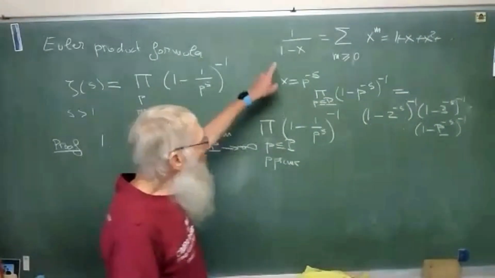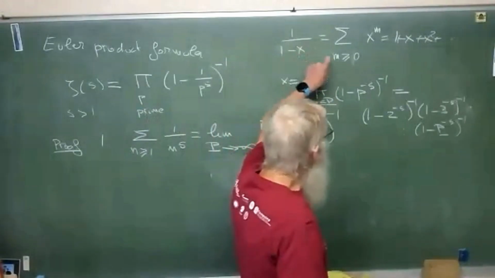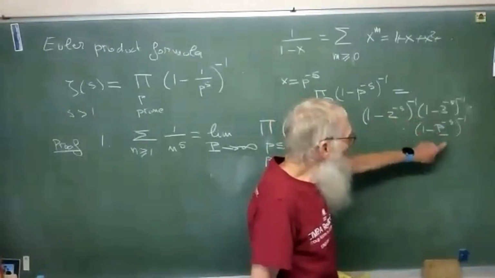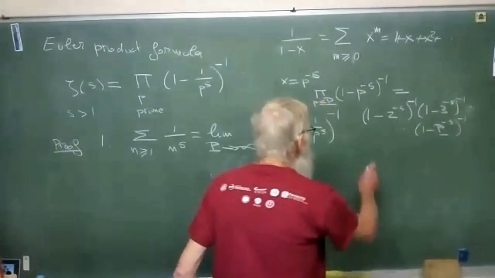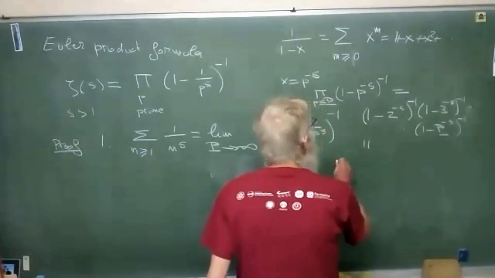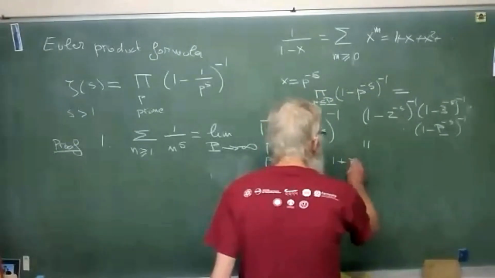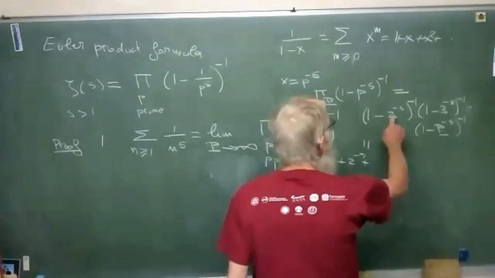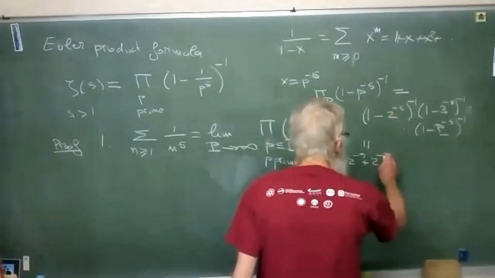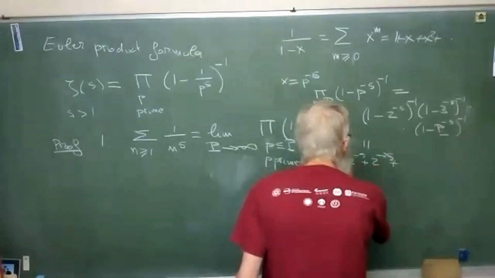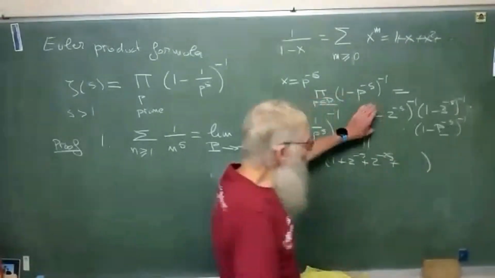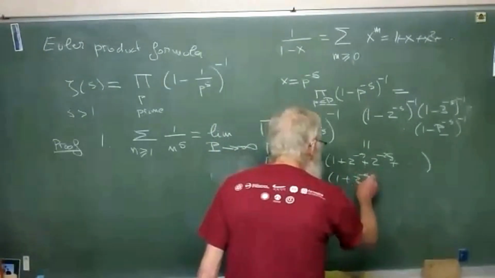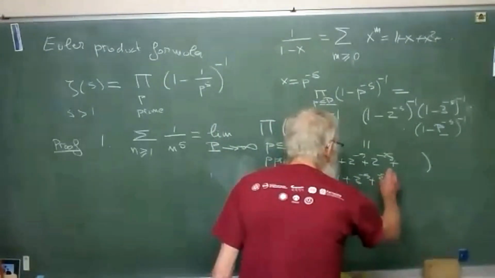Now we replace x in this formula by 2 to the minus s, 3 to the minus s, and so on. So what is this product? It is 1 plus 2 to the minus s plus 2 to the minus 2s. This is the first term. The next term is 1 plus 3 to the minus s plus 3 to the minus 2s.